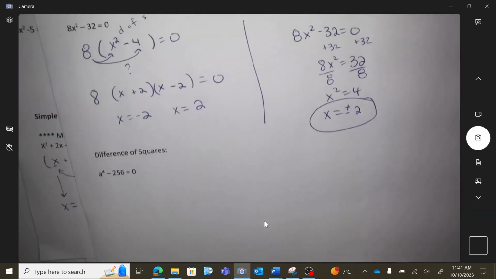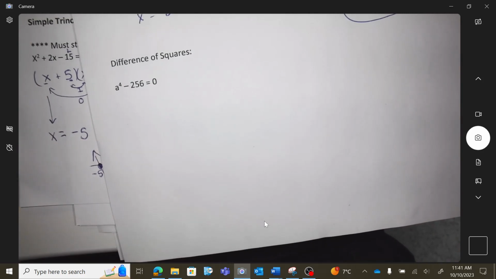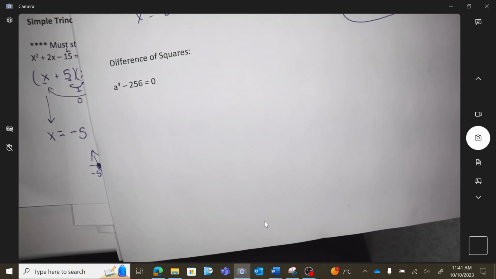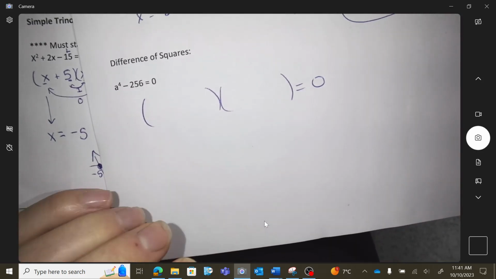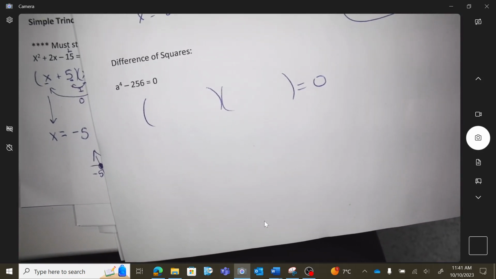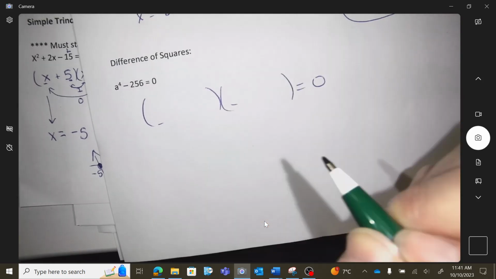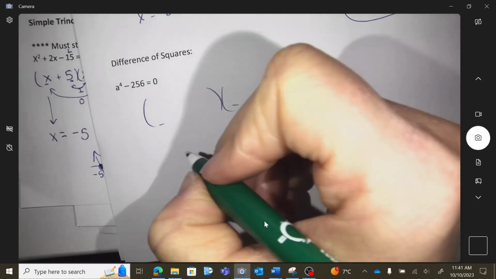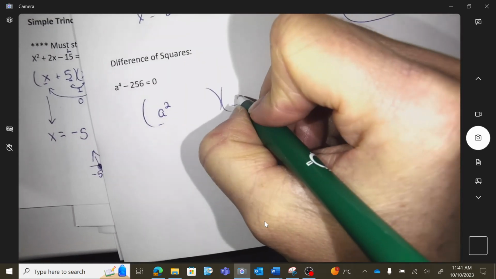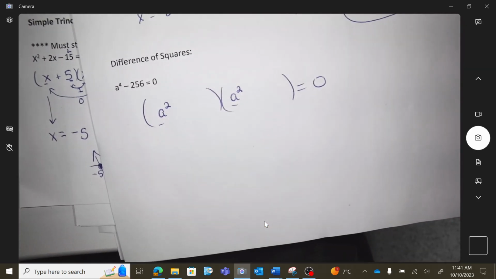Okay, last example of the day. So this is another difference of squares. So can you give me 2 brackets? What times what would give you a to the 4? So you're going to need an a squared and an a squared.